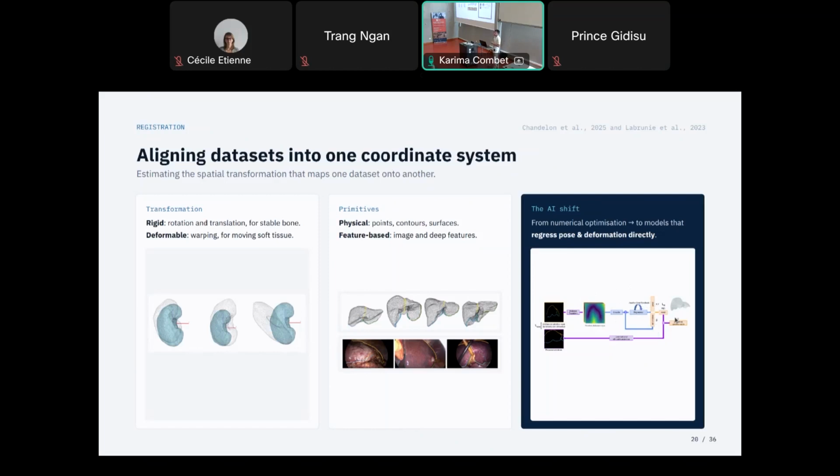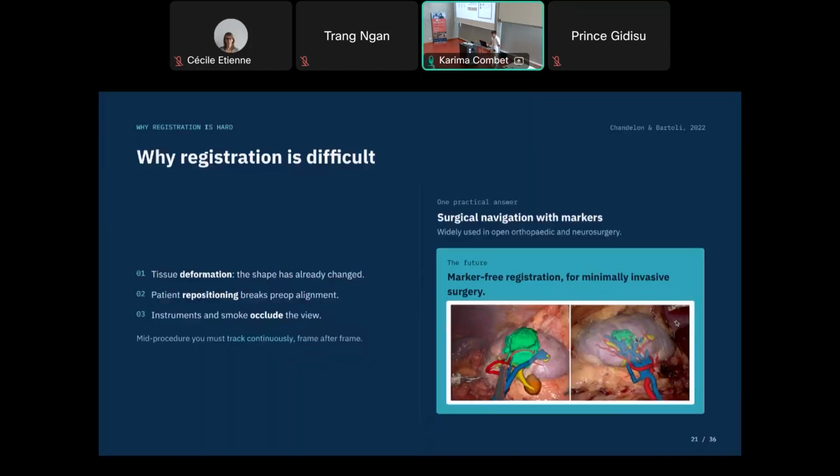But if we just do this, you will think, okay, it's working for one patient, but how can we generalize this approach? If we train this network for one patient in simulation, we would like to not retrain the model for each surgery. We would like to have a generic model. So we do something totally different.